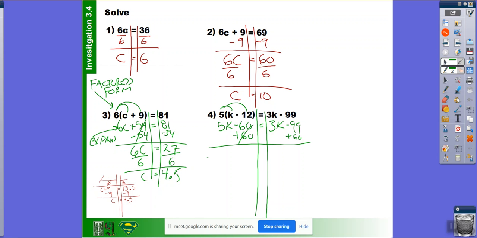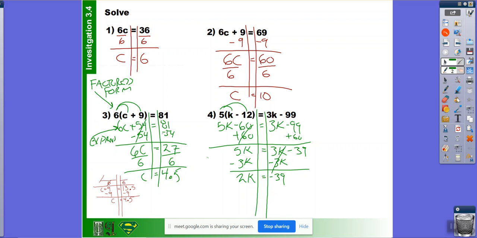And that got me 5k equals 3k minus 39. Okay. Then I subtracted 3k from both sides, which left me with 2k equals negative 39.